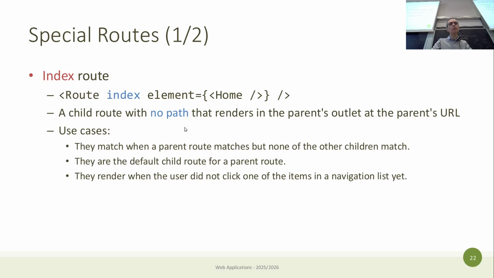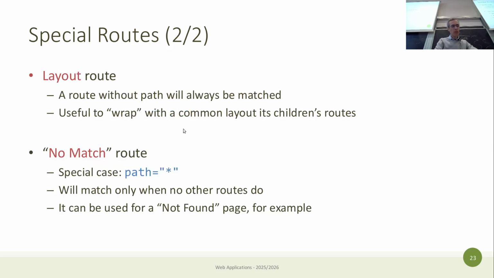There are a couple of special routes. The layout route: a route without a path will always be matched, and it's useful to wrap the children routes with a common layout. Or the no match route, a special case with path equal to star.